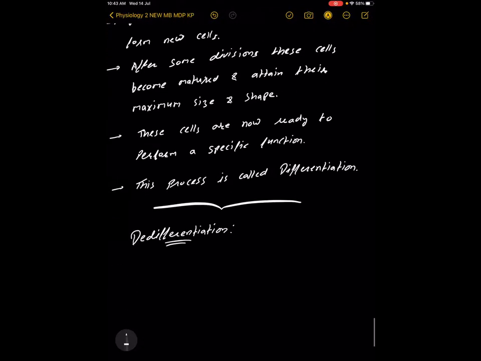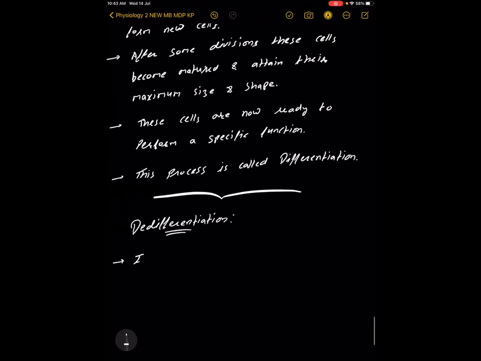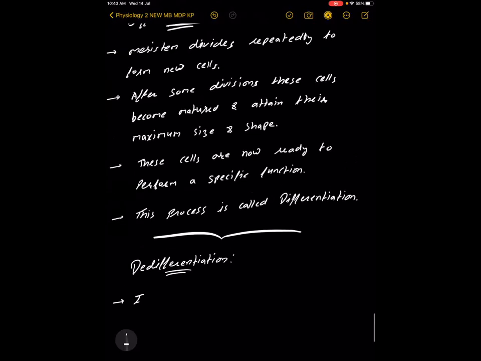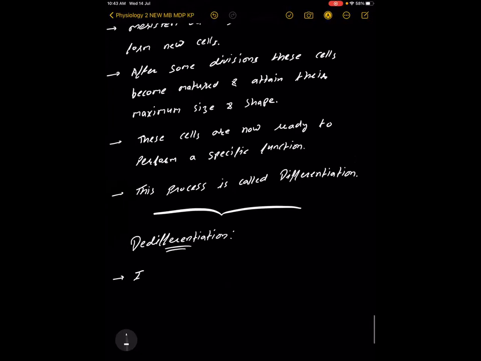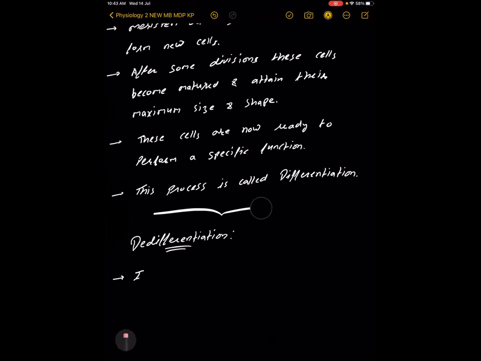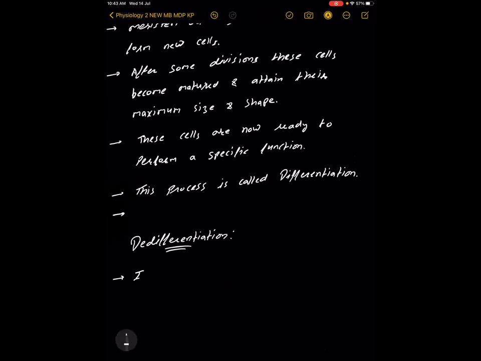So dedifferentiation. One more point I have to add here in differentiation.